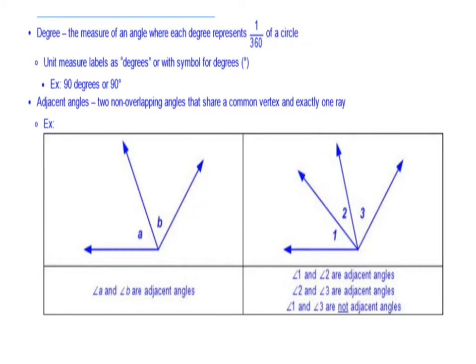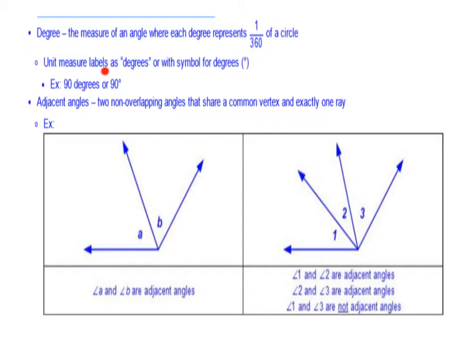First thing we want to address, as always, is our definitions. The first definition we want to take a look at is a degree. The author says a degree is the measure of an angle where each degree represents 1/360th of a circle.